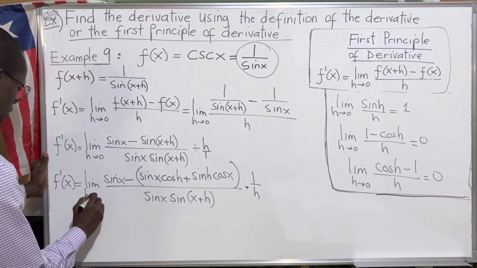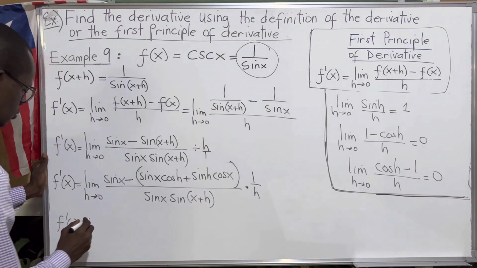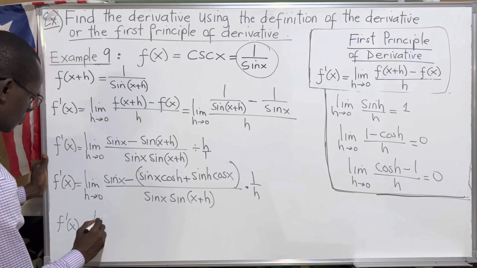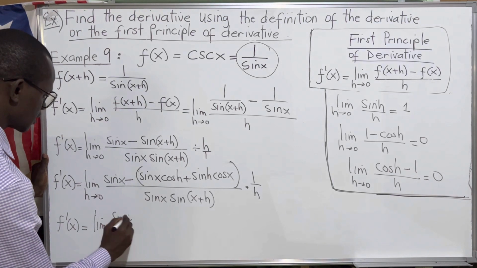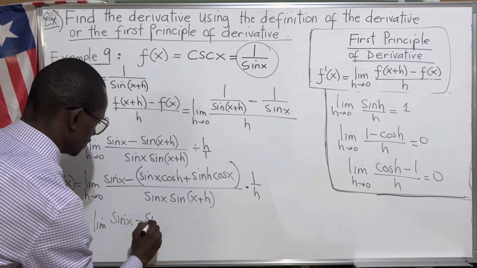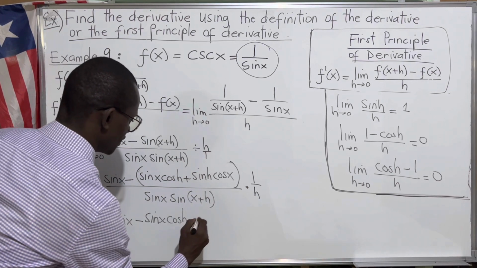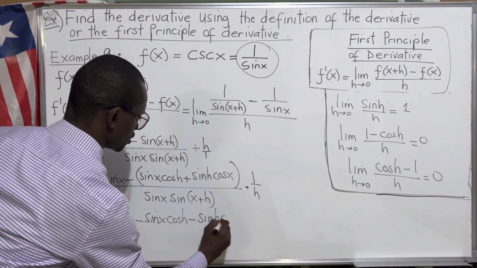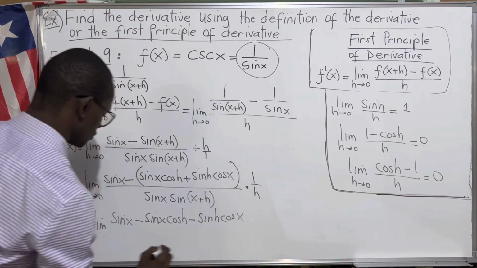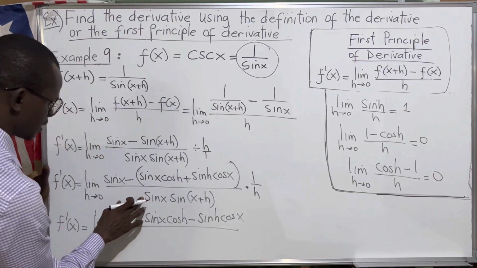As h now is approaching 0, f prime of x is equal to the limit of sine of x minus, now this negative must affect everything, sine of x cos of h minus sine of h cos of x, all divided by, so I'm going to multiply this h by this expression.